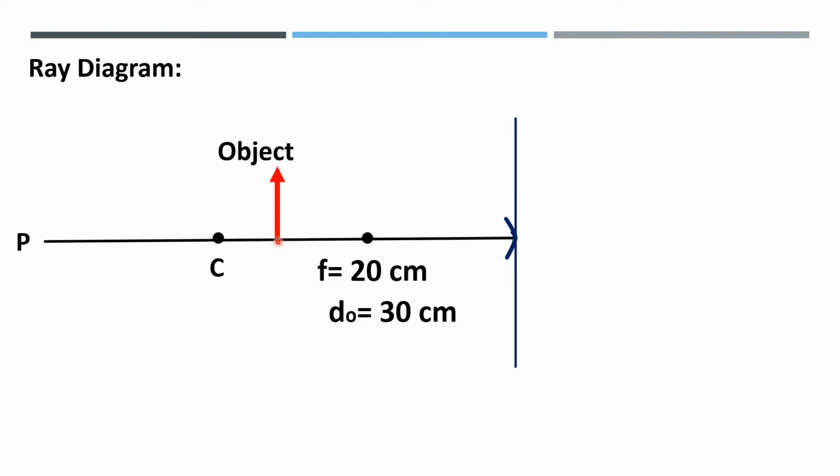Now, the reason why we have the tail of the arrow exactly touching the principal axis, and it doesn't go beyond or downward, is so as to assure us that there is no need to determine where the image of the tail of the arrow is.